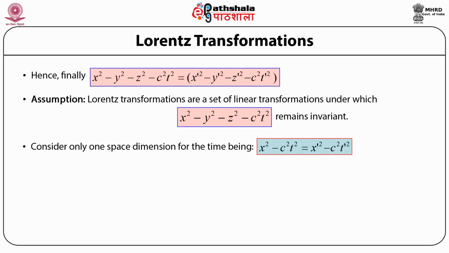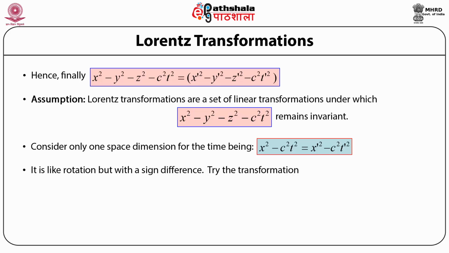Now, this equation that we have just seen is like a rotation but with a sign difference. So in order to do a transformation, let us first define a set of transformations that can take the coordinates from one frame of reference to the other.